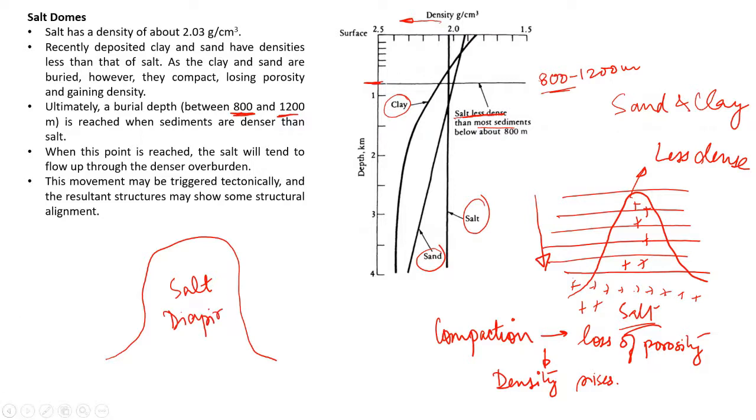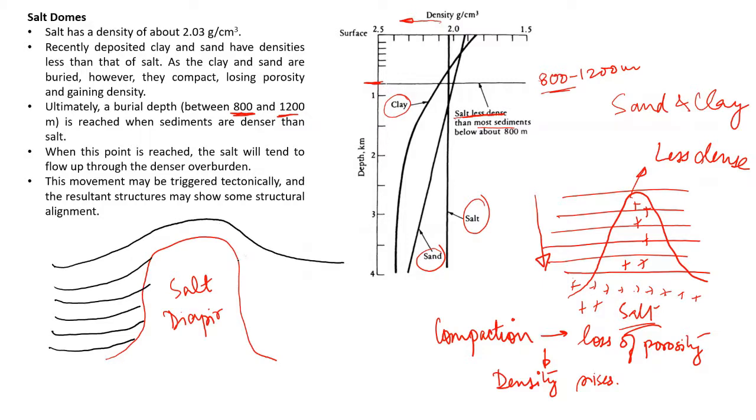So what will happen over here now? The adjacent strata now start to get folded like this. You can see very well, like this. So these were the sediments which were earlier less dense than the salt.